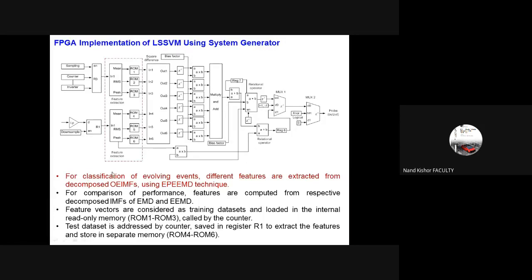For classification, we obtained the features extracted from decomposed IMFs using the EPMD technique, and the same way we did it for EMD as well. These feature vectors were stored in the training data set in the internal memory, and then we also had the test data set in another memory. All that part we did here.